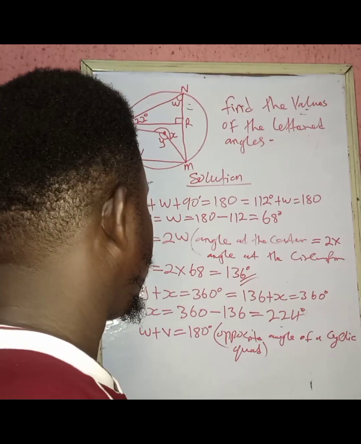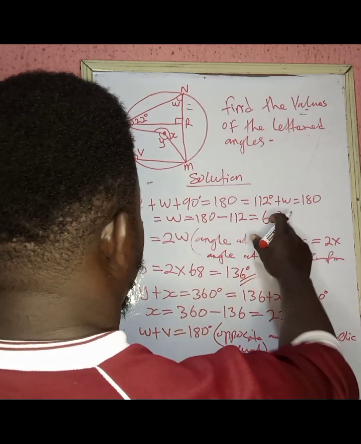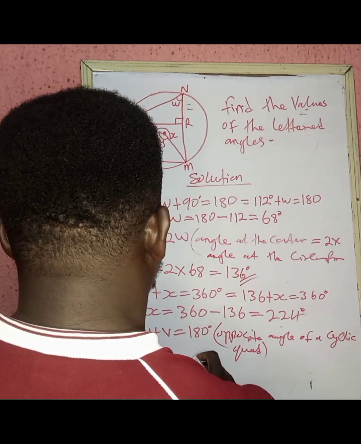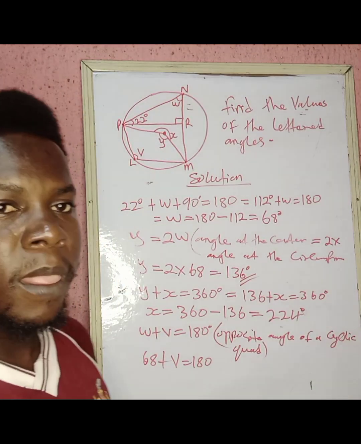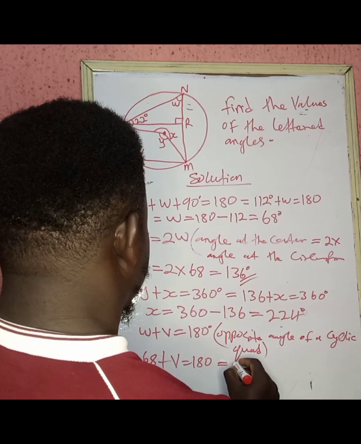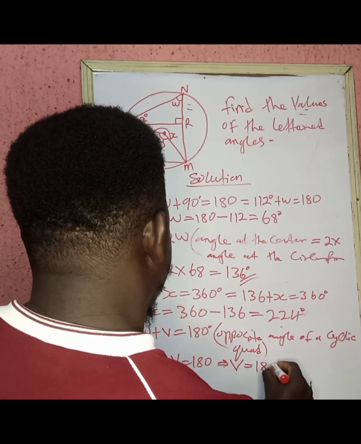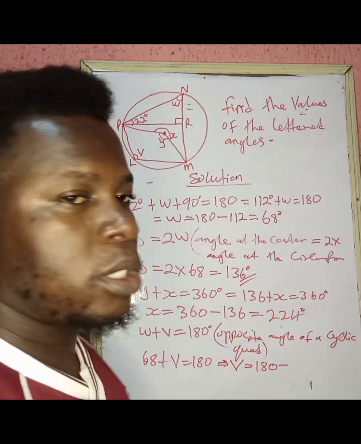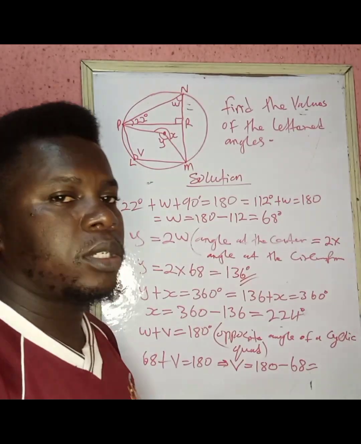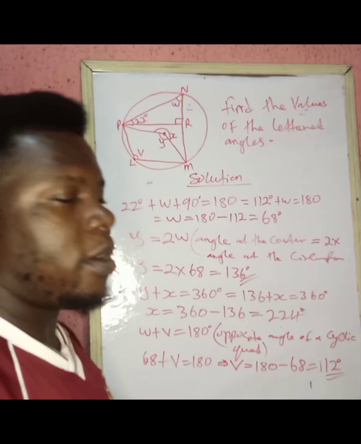And here, what's our W? 68 plus V is equal to 180 degree. We can also say that V is equal to 180 minus 68, which is equal to 112 degree. And that's our final answer.